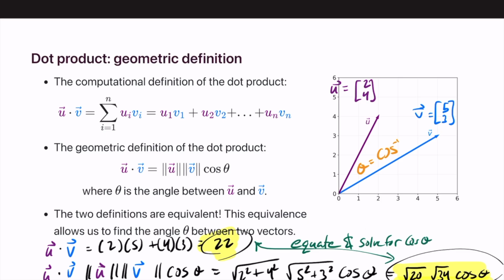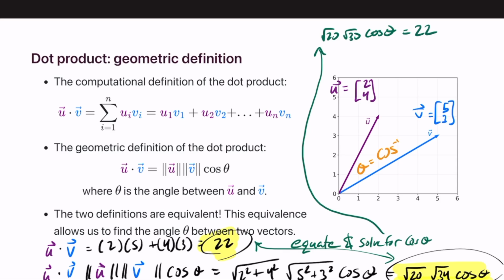So we'll have the square root of 20 times the square root of 34 times cosine theta equals 22.